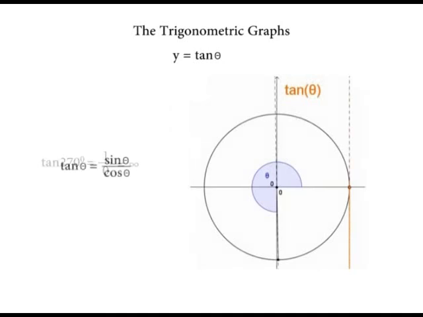In the fourth quadrant, sine decreases and cosine increases, and so tangent decreases up to 360 degrees. Here, sine is 0 and cosine is 1. And therefore, it means tangent is 0 over 1, which gives us 0.